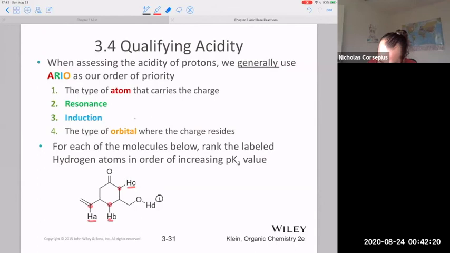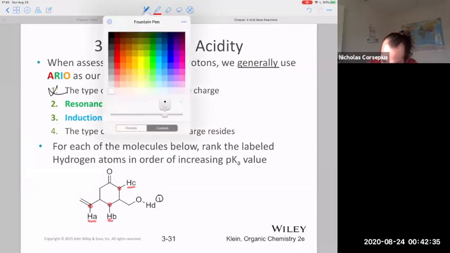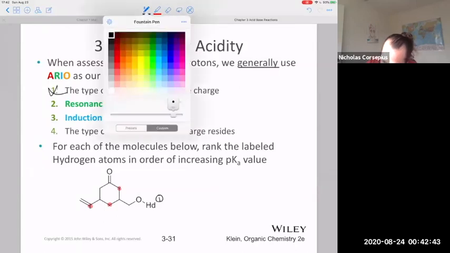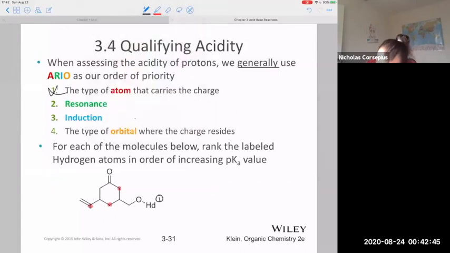Now let's see if we can compare these other three, A, B, and C. Well, they're all bound to carbon, so I can't use rule 1. What about rule 2? Are any of them going to be resonance stabilized? Perhaps the easiest way to see this is to remove these hydrogens and replace them with lone pairs.